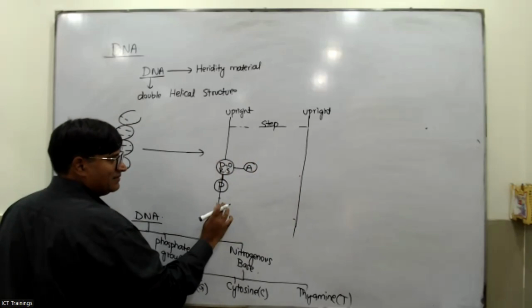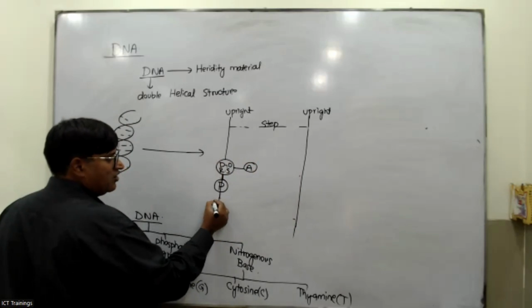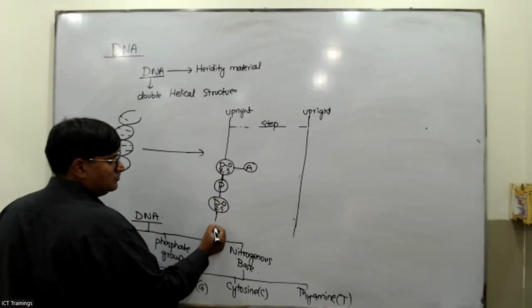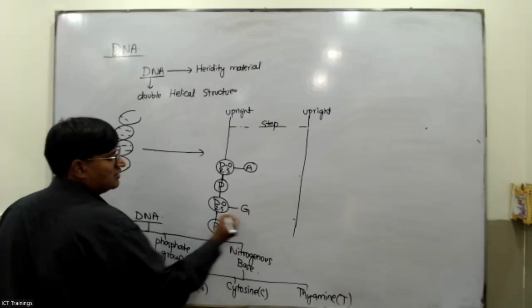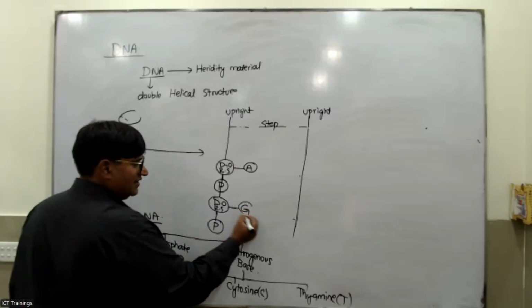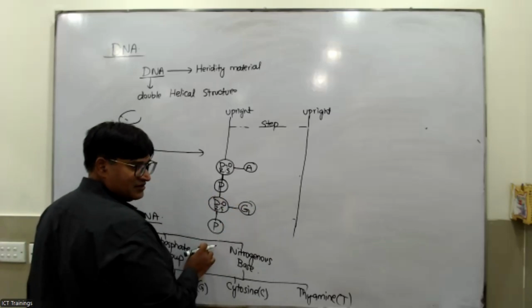Now comes another brick. Again we have deoxyribose sugar, then the phosphate group, and with that, let's suppose, guanine, G. So this is another brick.